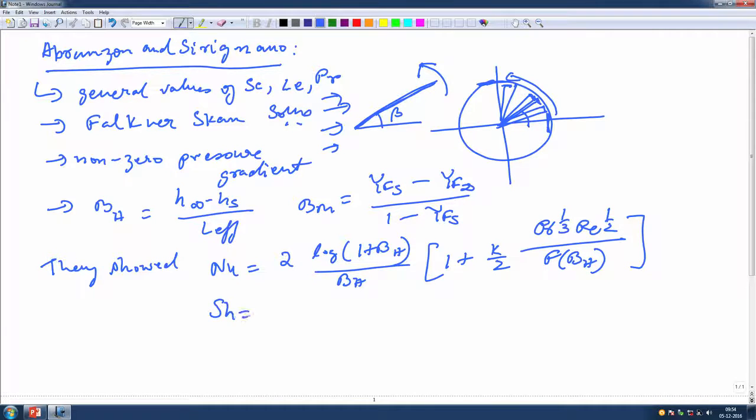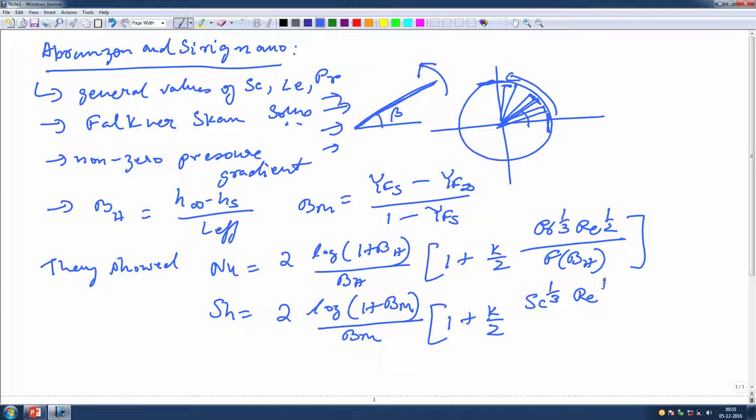Then you get the corresponding Sherwood number for the mass transfer. As you can see, both forms are very equivalent, except the Prandtl number is replaced by the corresponding Schmidt number, and this is a function of Bm. These factors are more like correction terms, and we will see what they are a little later.